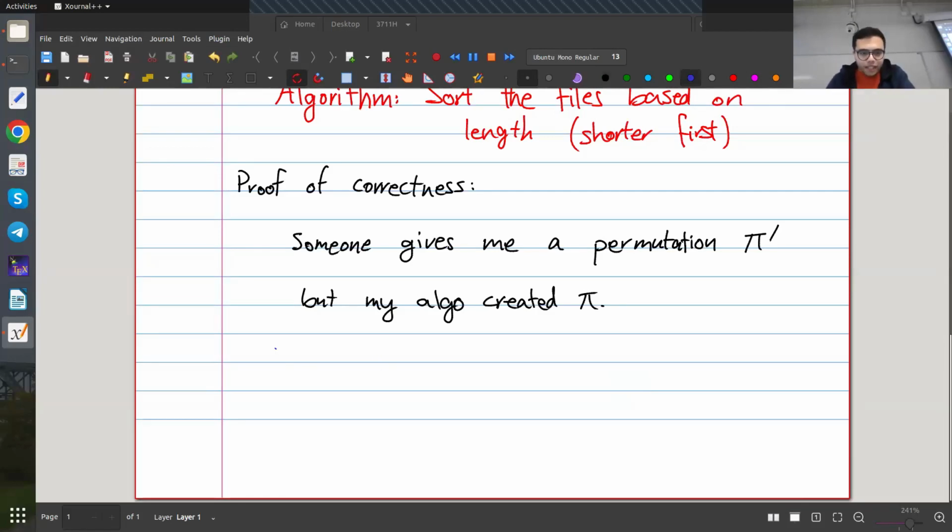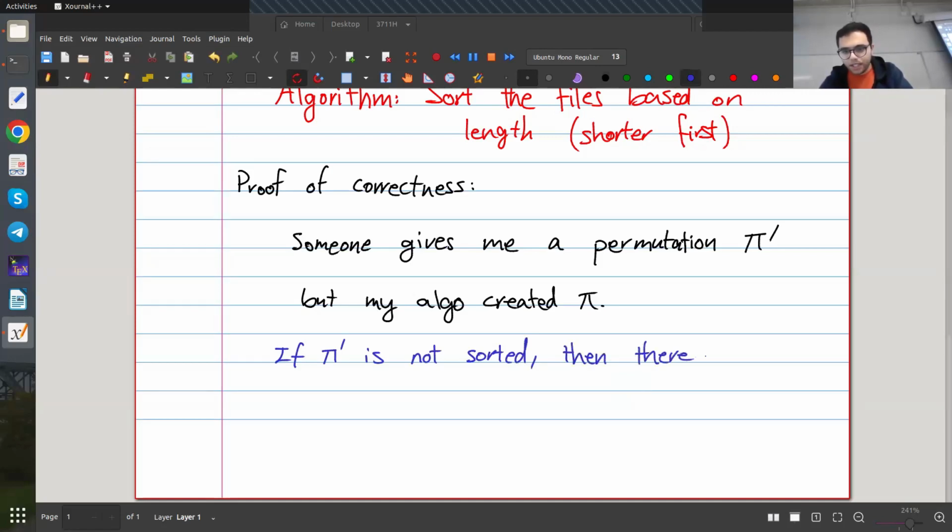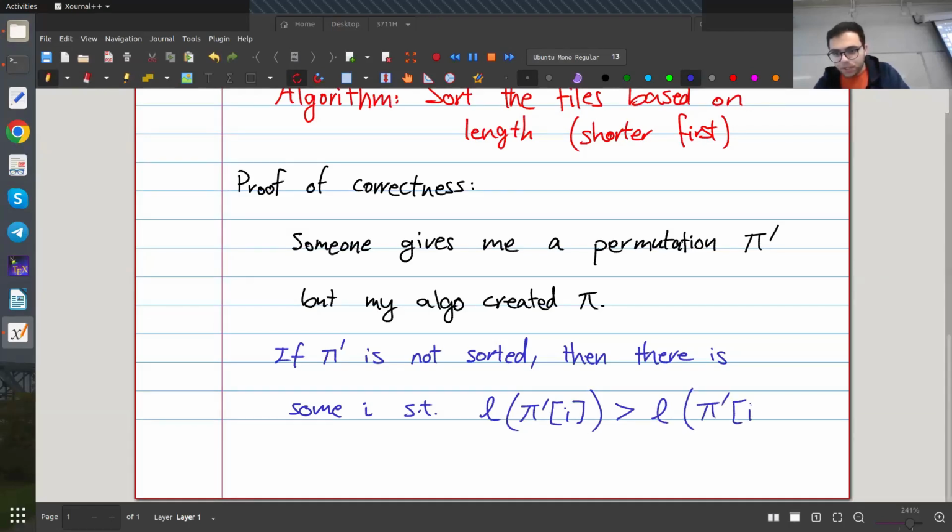So if P prime is not sorted, then there is definitely some index I such that the length of the element that P prime put at position I is actually bigger than the length of the element that it put at position I plus 1.